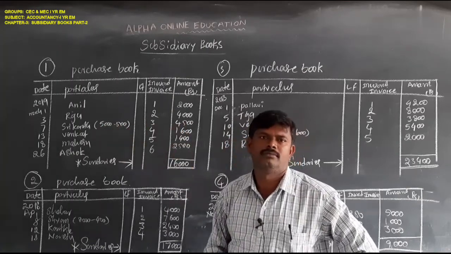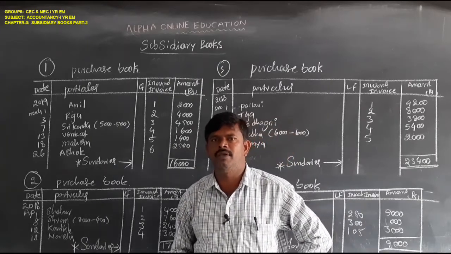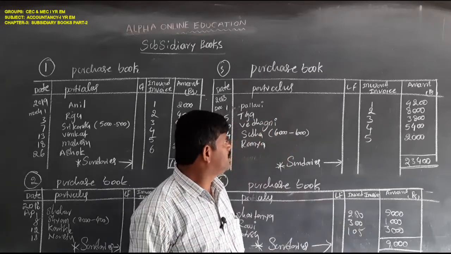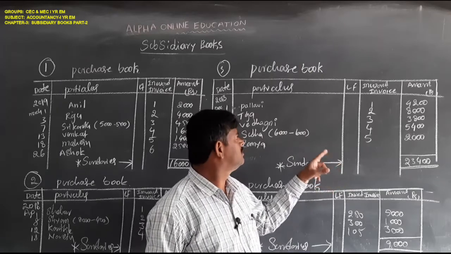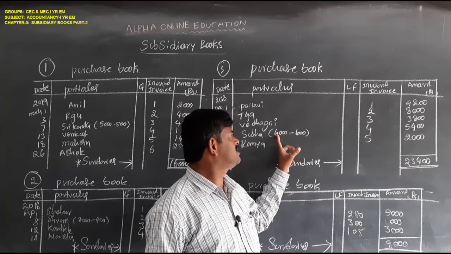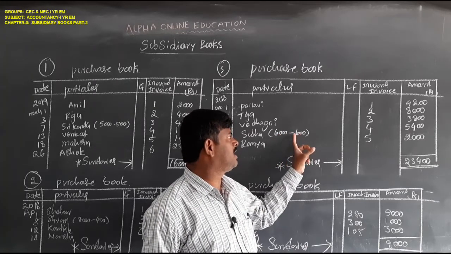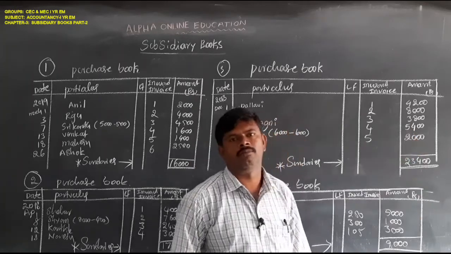Sometimes the discount may be given as a percentage, sometimes as an amount only. In this problem, trade discount is given as 600 rupees. So the price is 6,000 rupees, from which we deduct 600 rupees. Net amount 5,400 will be recorded in the amount column.